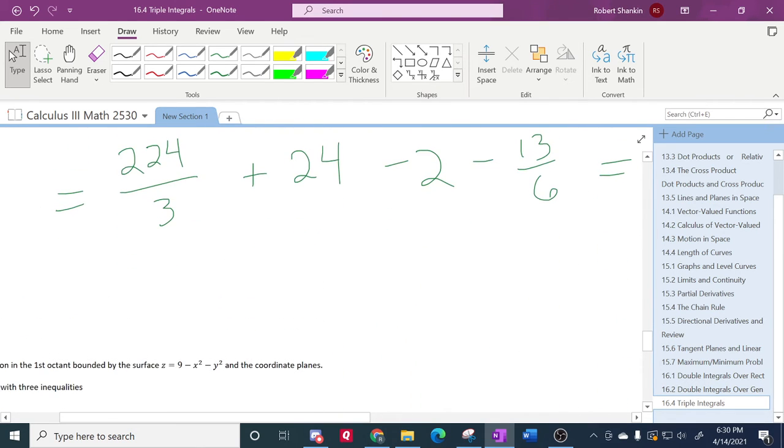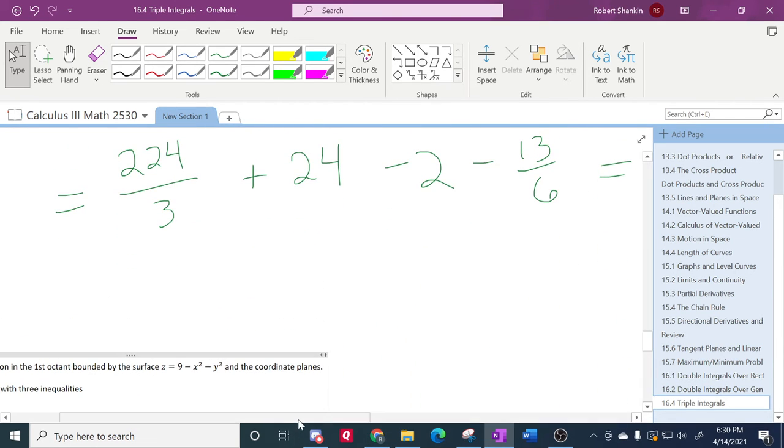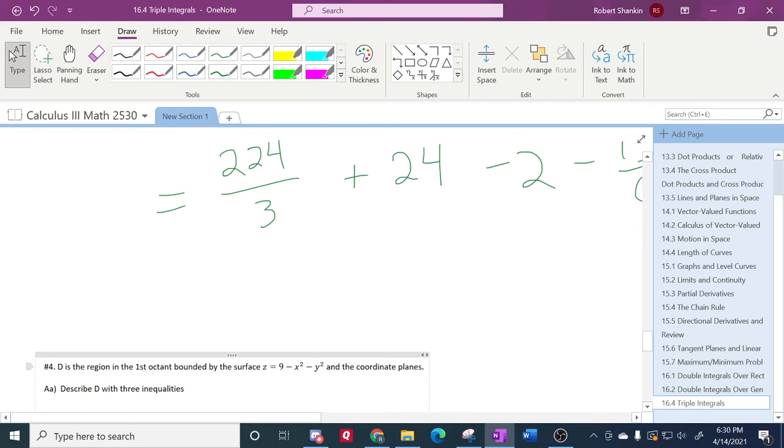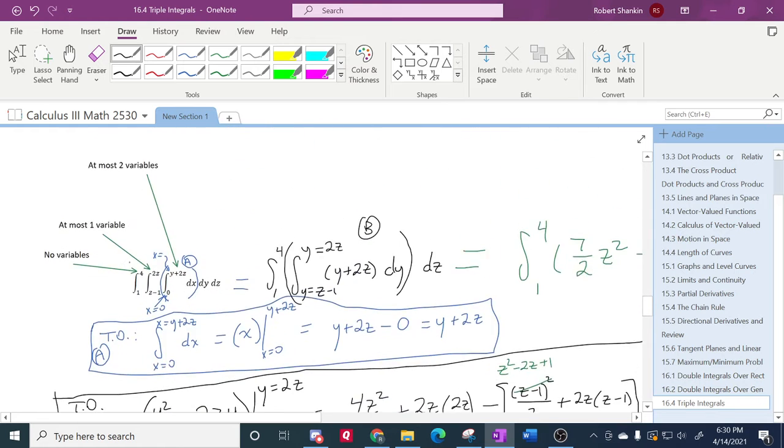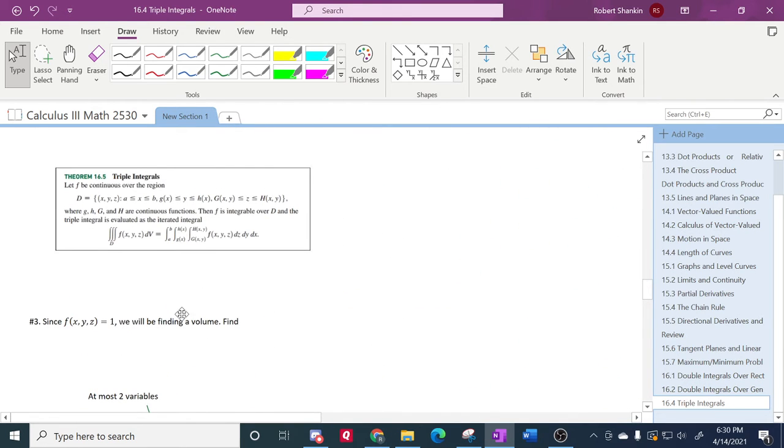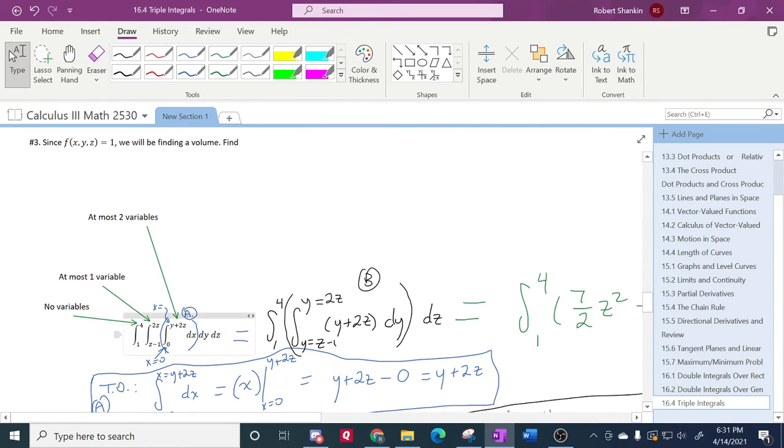So, let me come back over here. That was the outermost integral, and then moving inward, the y was between z minus 1 and 2z.